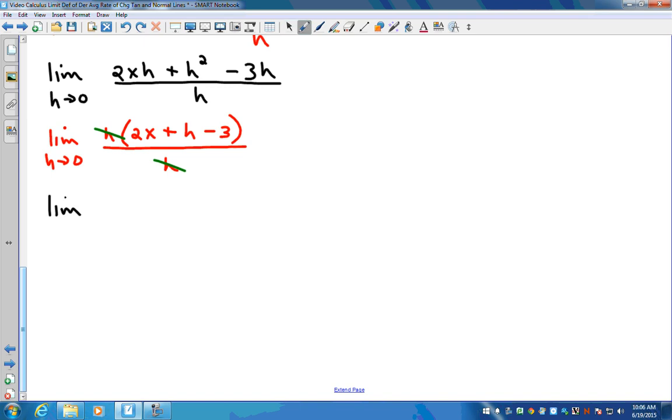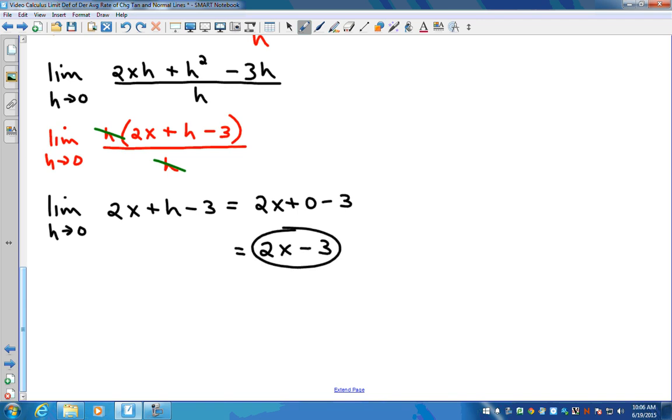All right, now I can plug in 0 for h like I wanted to do at the very beginning. All right, so if I put 0 in for h, I get 2x plus 0 minus 3, or 2x minus 3. What does 2x minus 3 give us? It gives us the slope of f of x equals x squared minus 3x at any point.